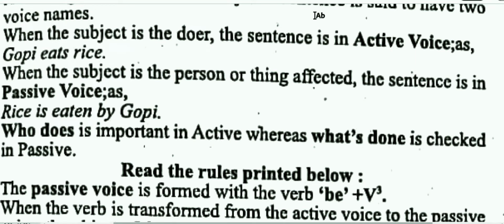Gopi affects rice again, so the meaning in the first and second sentences is the same. What we study here is the role of a subject. In the first sentence, the subject affects others, and in the second sentence, the subject is affected. That's the difference. In active, the subject affects others. In passive, the subject is affected. Are you clear up to here?